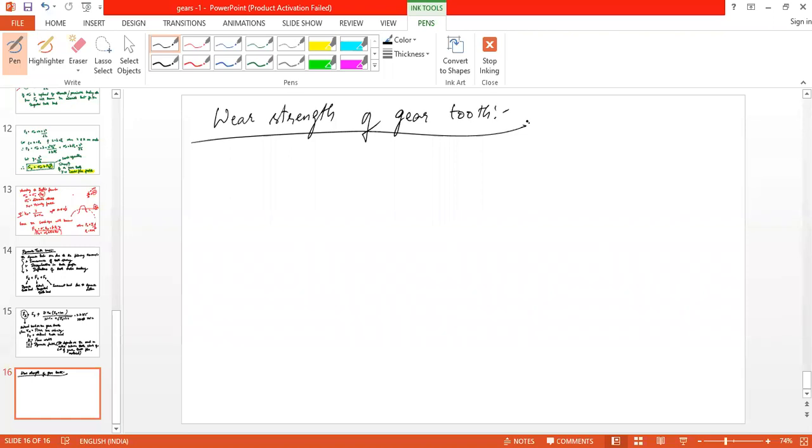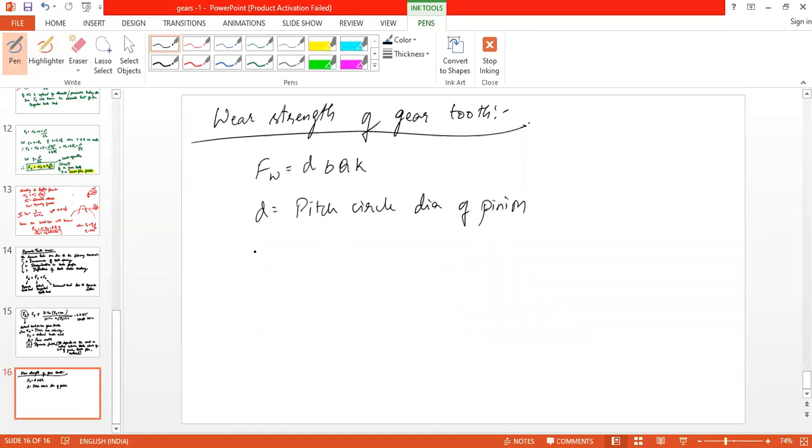Okay, so the wear strength of the gear tooth is given by the Buckingham equation, that is Fw equal to d B Q K. Okay, this is the equation where d is the pitch circle diameter of the pinion. What do you mean by pinion here? Driving gear.